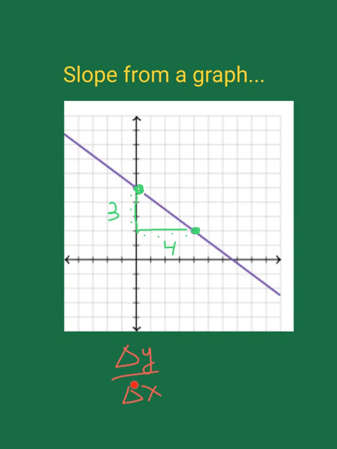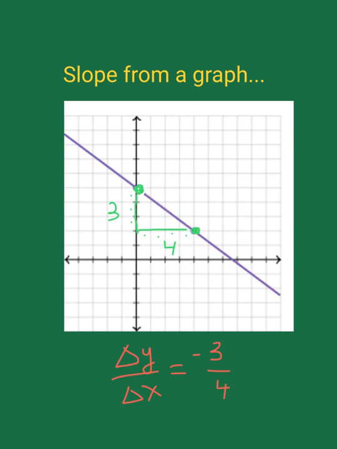And this is the symbol that we usually use to show change in mathematics. Okay, so this is delta y over delta x. All right, so the change in y is 3, and the change in x is 4. And that's going to be negative, since it's a nice negative.